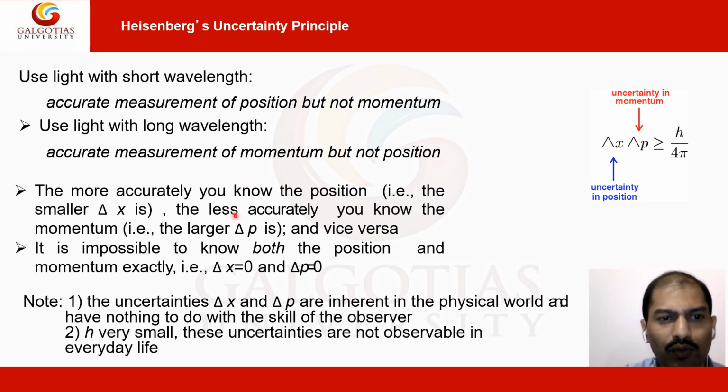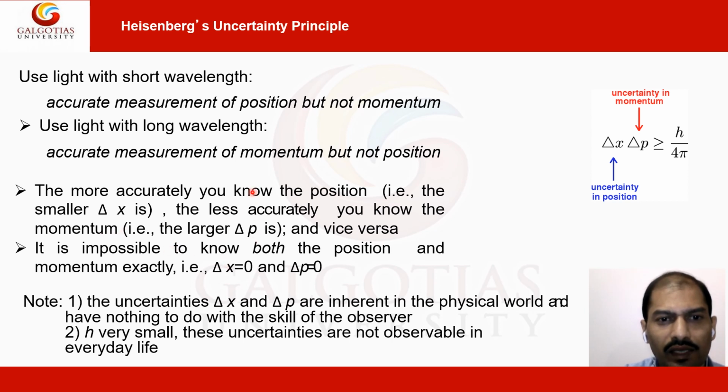So the more accurately you know the position, meaning delta x is very small, the less accurately you know the momentum, and vice versa.